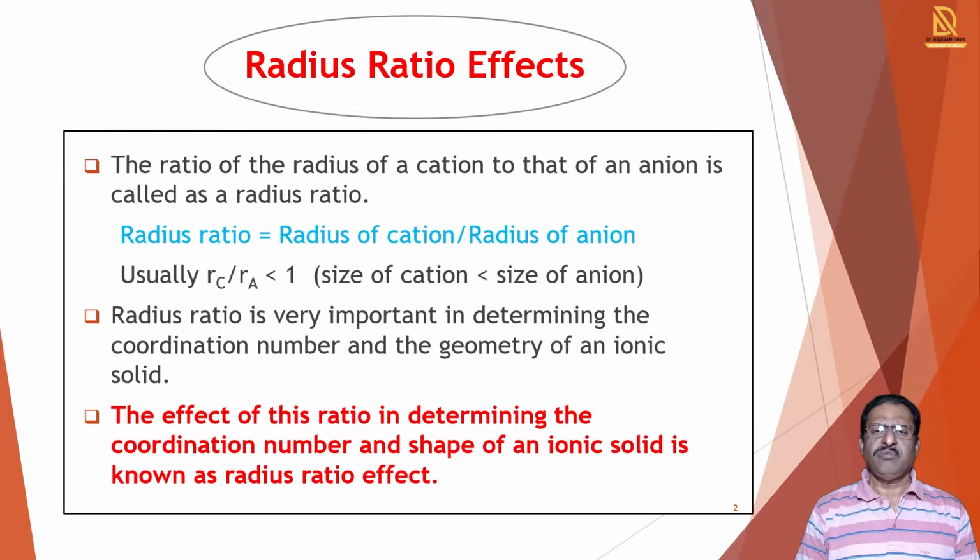That is very important. The effect of this ratio in determining the coordination number and shape of an ionic solid is known as the radius ratio effect. So here we see the radius ratio effect by taking certain examples.